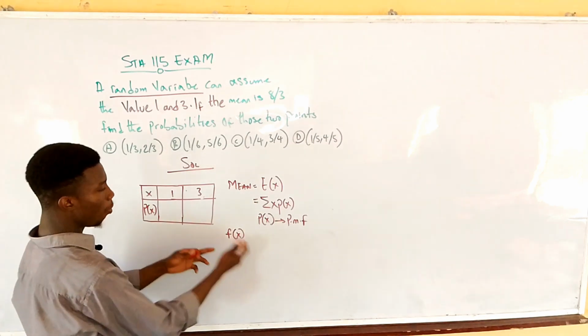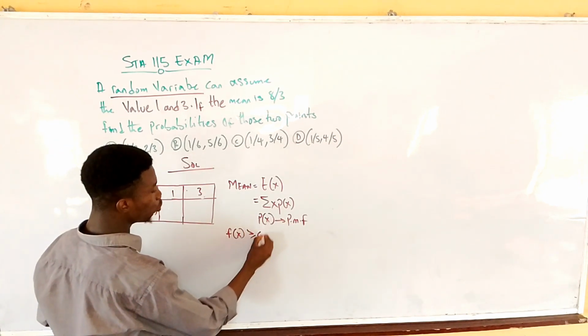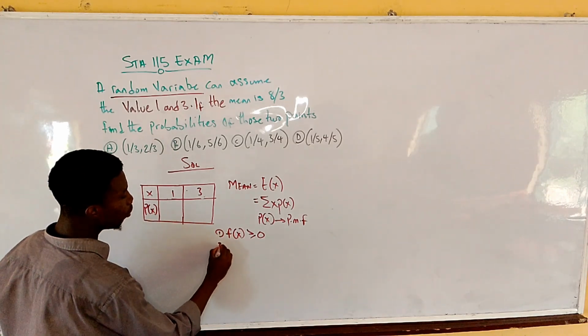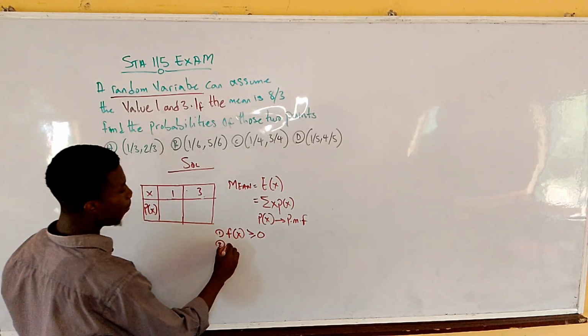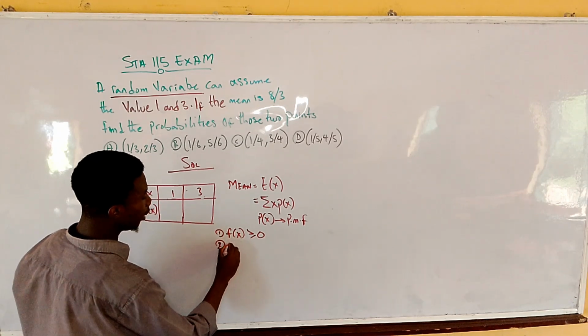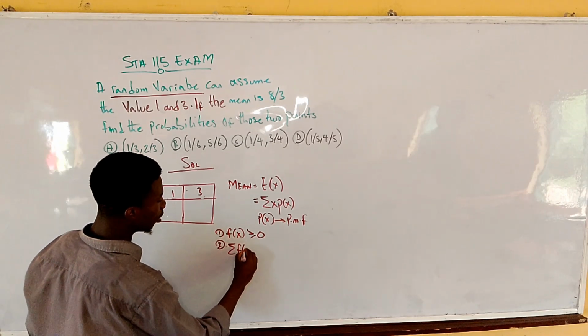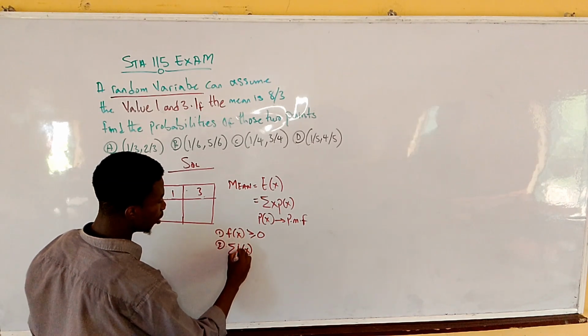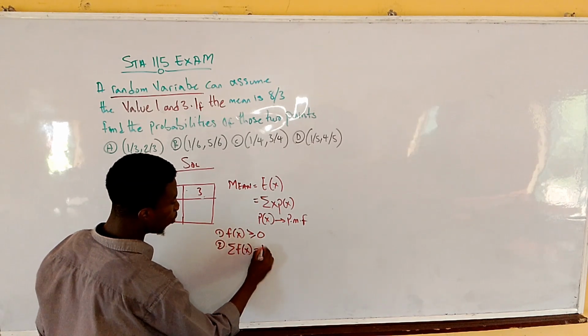Now, for a PMF or PDF, it must be greater than or equal to 0. This is criteria number 1. Criteria number 2, the sum of the PMF, let me call it F of x, must be equal to 1.